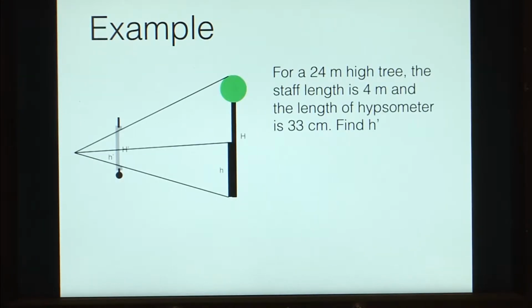So, now let us look at an example. For a 24 meters high tree, the staff length is 4 meters and the length of the hypsometer is 33 centimeters. So, we need to find h prime.